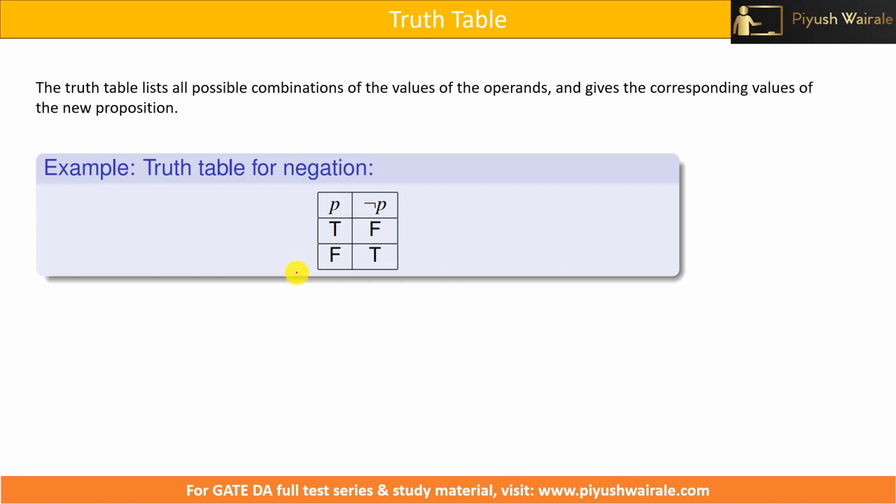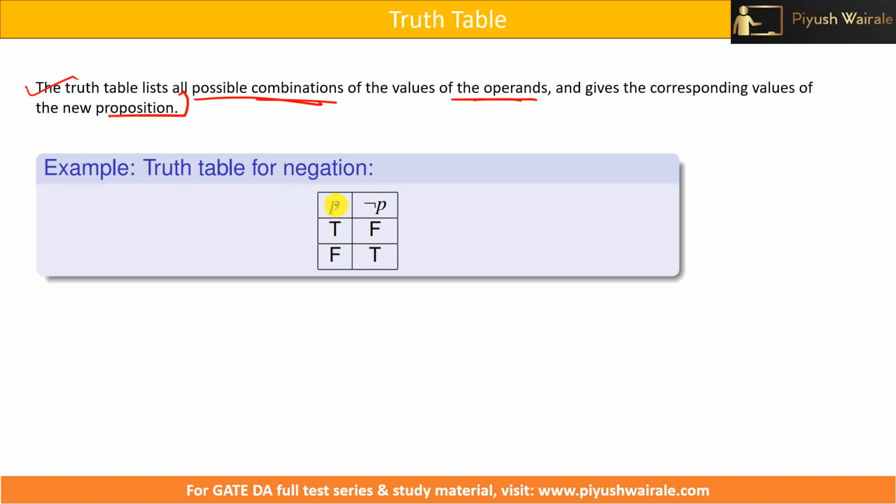propositions. Now, generally we use a truth table for this particular purpose, if we want to verify our conclusions. So what is a truth table? A truth table lists all possible combinations of the values of the operands and gives the corresponding values of the new proposition.